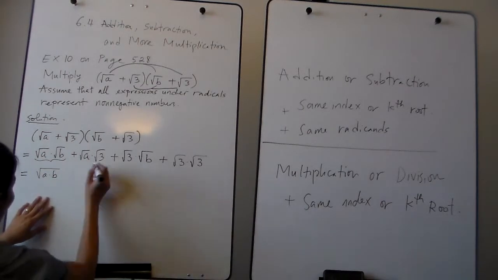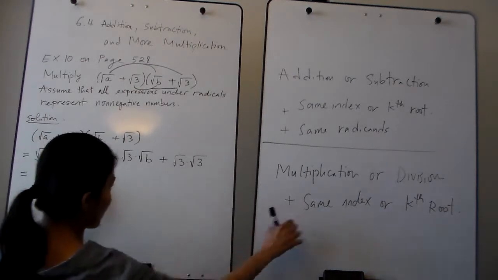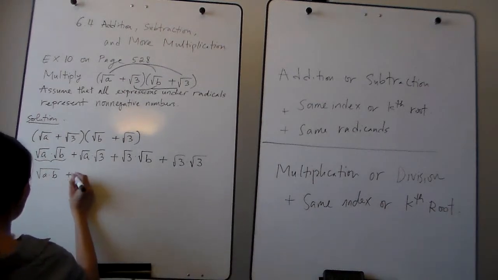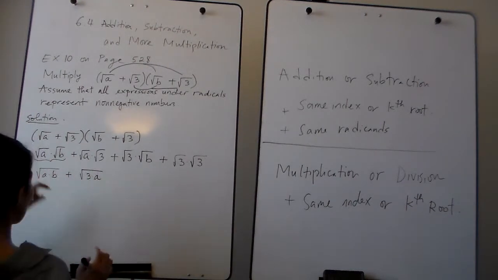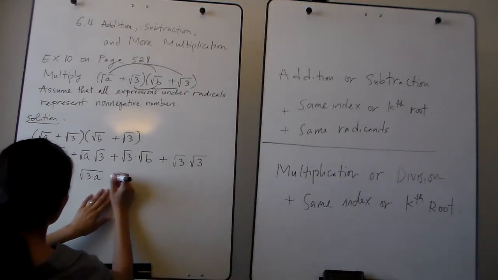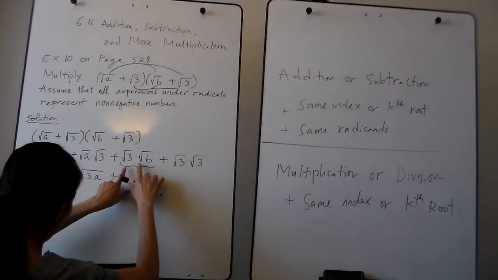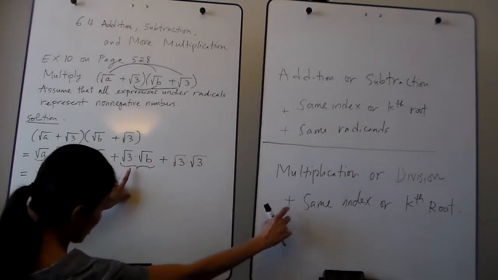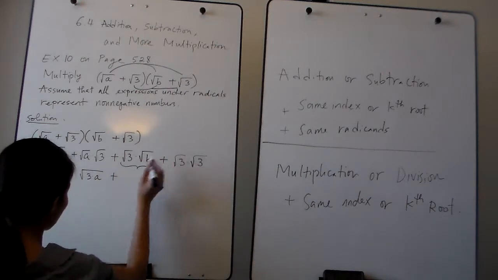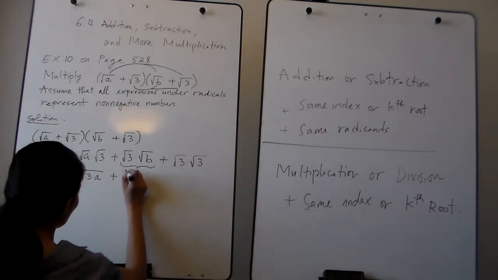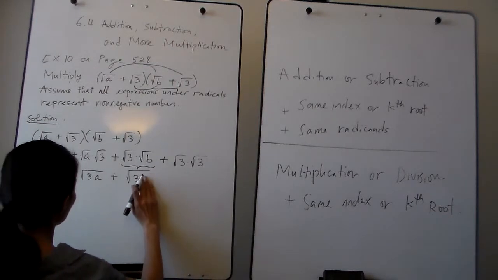And then for this one, you can combine them as well when you multiply because both satisfy this condition: plus square root of 3 times a, or a times 3. Plus, again, you can combine them because both have the same square root when you multiply. They have the same index, both square root, index is 2. So square root of 3 times b, so 3 times b.